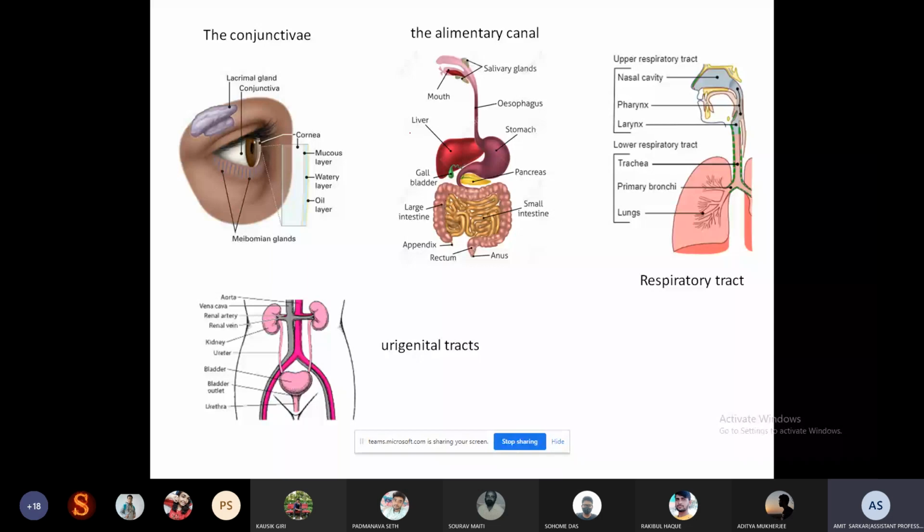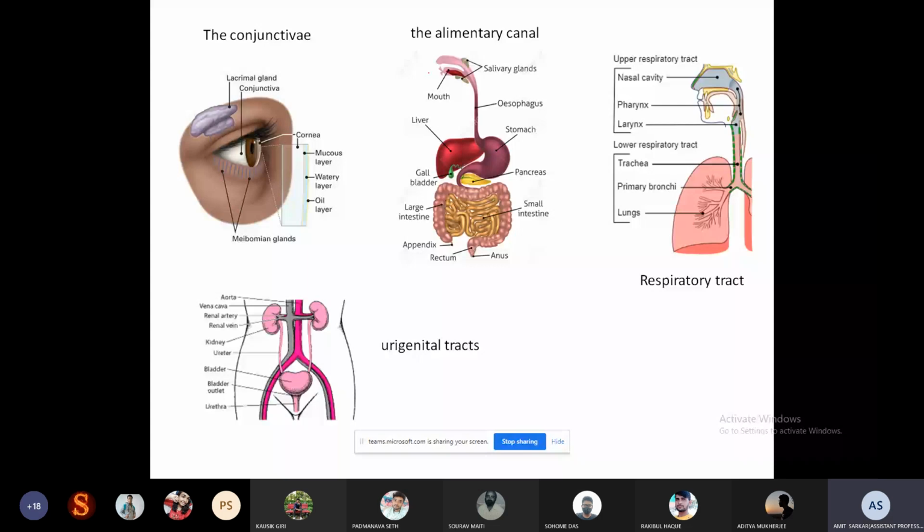Number two, the alimentary canal, through which our food enters our body. You are eating different types of foods, maybe cooked, sometimes raw. Different types of microbes are associated with that food, and they're entering here. So this is another way microbes get the chance to enter your body.